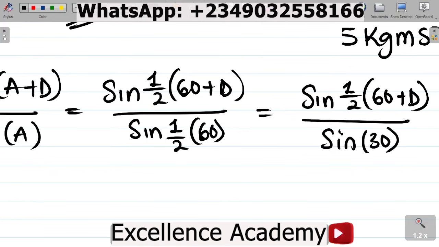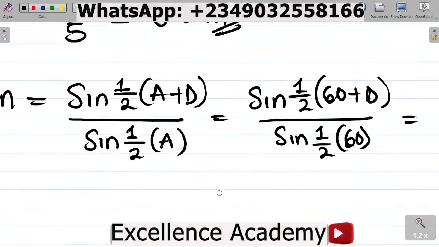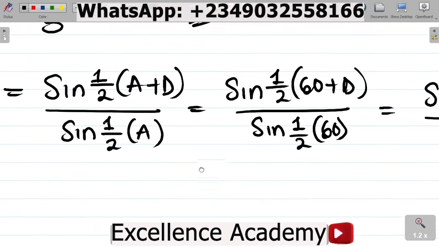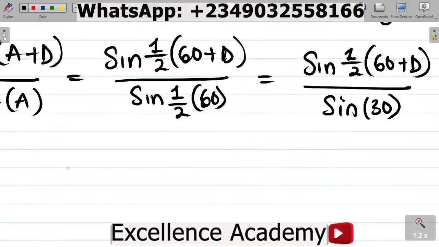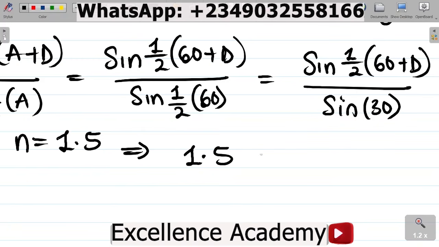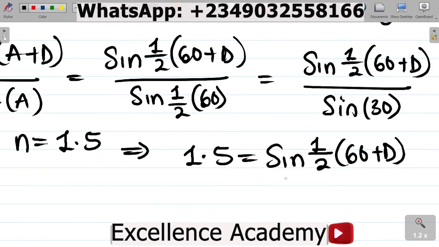So I have this as sine 30. Again, you want to note that the value of n here is a constant, and for the prism, the value of n is equal to 1.5. It's a constant. So what do you have there? n, which is 1.5, is equal to sine of 1 over 2 into (60 plus D) all over sine of 30.